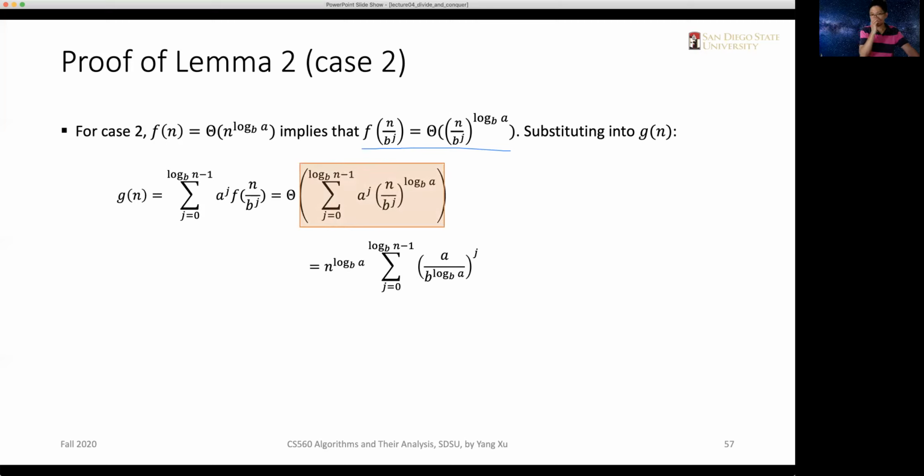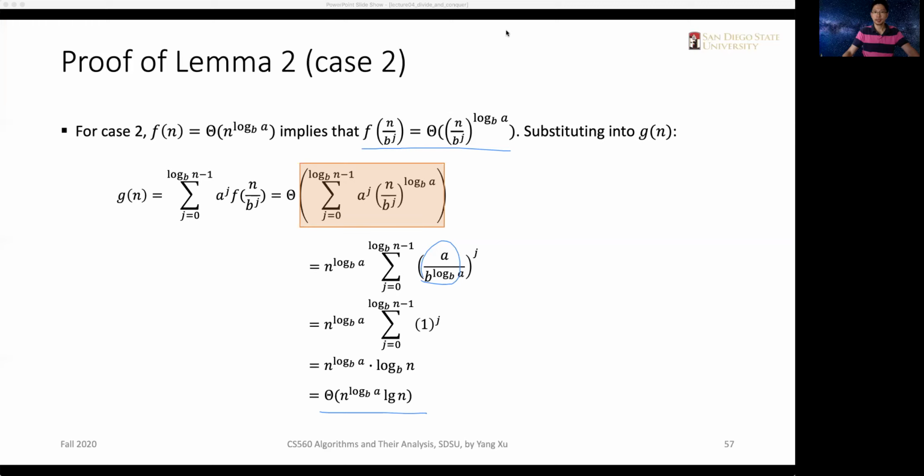The inside term also becomes much easier, because this one turns out to be 1, a constant, which is the logarithm with base b of n times n to the power of something. So it's a polynomial function times a logarithm function. This one is much easier than case 1.